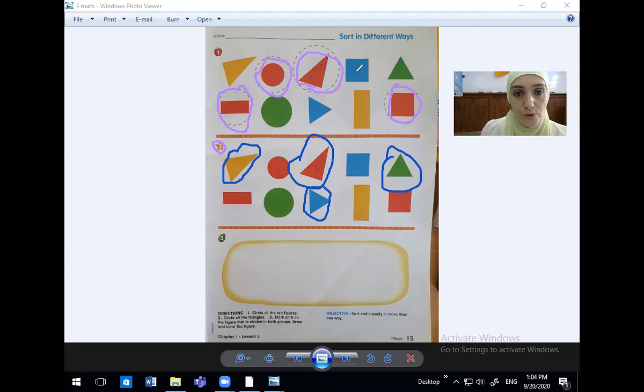So we need to cross it out. Just I will change the color. So we make an X to mark it. And we need to draw and color this figure in this working space. So I will make this triangle.